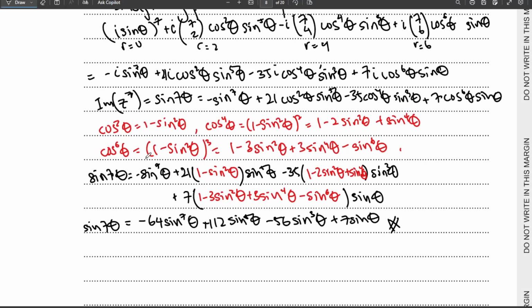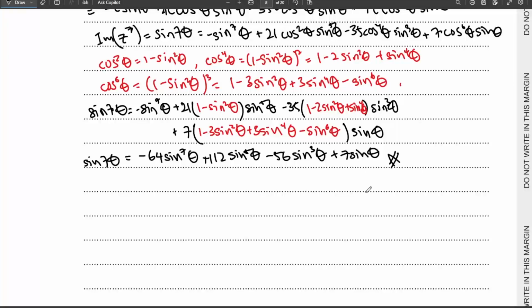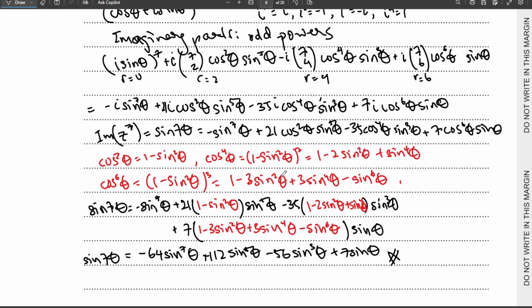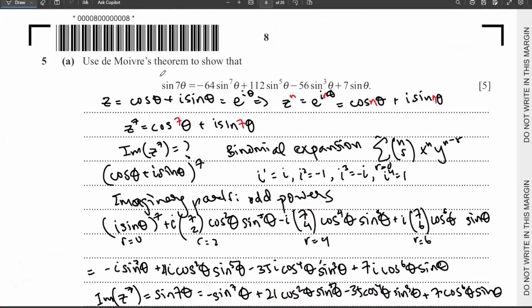After expanding carefully, you should be able to get the exact same expression as what they wanted you to prove. Right, so as long as you expand carefully using the correct expression, then you should be able to get this. Okay, so that's for part A.